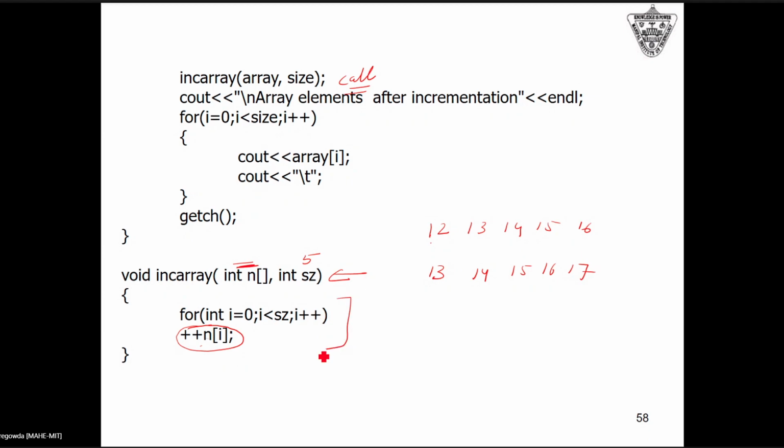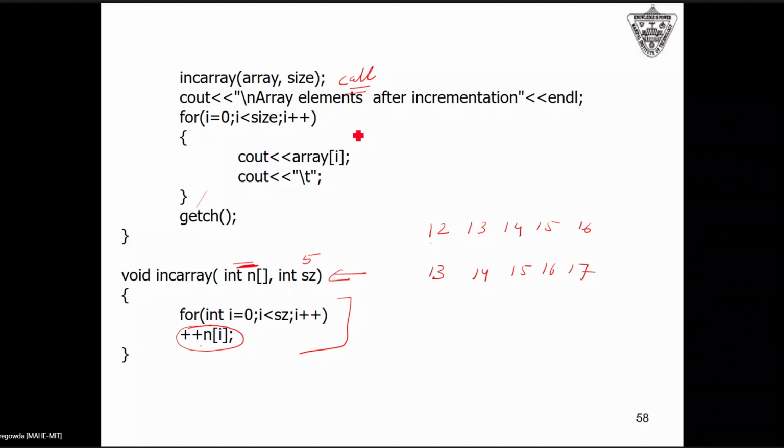I have only two statements in this user-defined function. My aim is to demonstrate how I can pass an array to a function, and how the elements of the array can be manipulated.